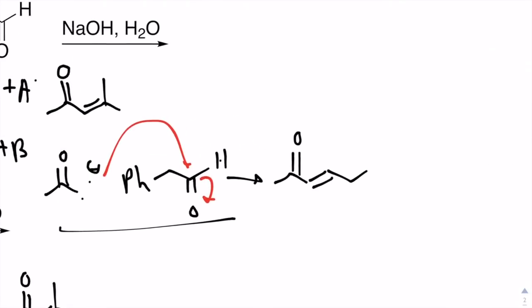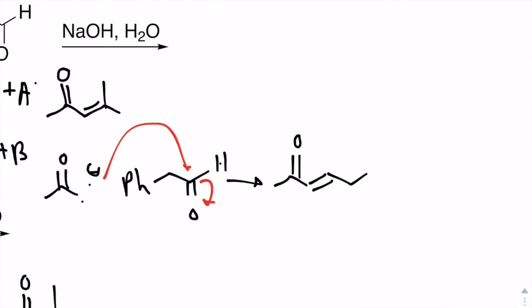And we would have a phenyl group over here. And that's that. I just wanted to note that we are doing these reactions really fast. So that is the product of A plus B.